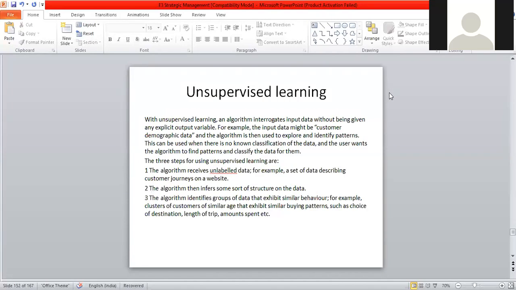Then we have unsupervised learning. With unsupervised learning, an algorithm interrogates input data without being given an explicit output variable. So the machine itself, without any human inputting the data, performs the task whatever is assigned. The three steps for using unsupervised learning are: the algorithm receives unlabeled data.